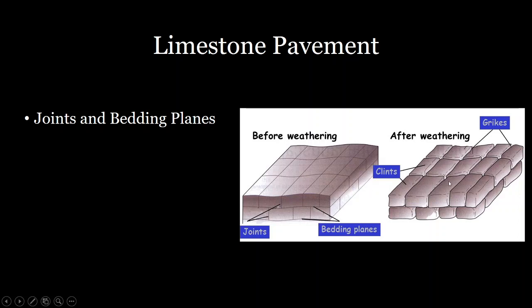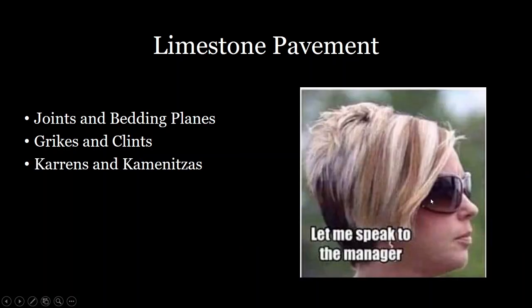And what happens is that you develop a system that looks more like this, where you have these individual blocks between those joints and bedding planes, and we call those clints. And the spaces between the clints we call grikes. So these are the spaces in here, and that's where you have more water and grikes forming.